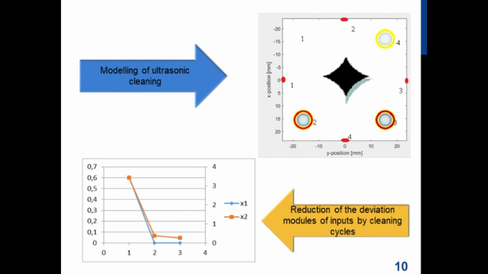Ellipses and the boundaries of the area indicate the location of the sensors. This modeling shows that in each cycle, the maximum power factor of the emitter reaches closer to the contamination. At the same time, there is a constant decrease in the modulus of the input vectors x1 and x2.